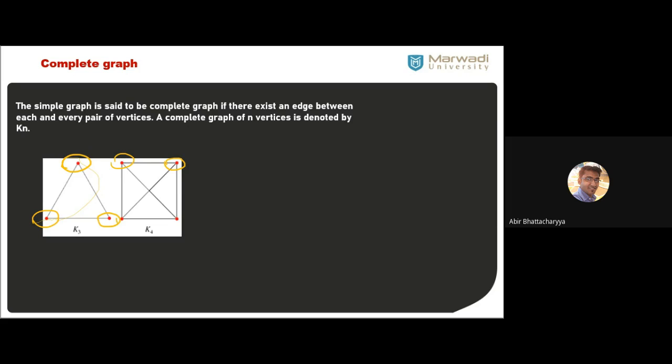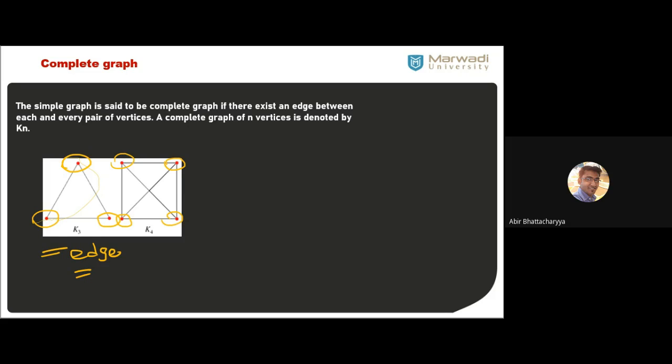Okay, it's K4. So if I ask you the total number of edges of a complete graph, how do you find it? Suppose I ask for the number of edges for K3.